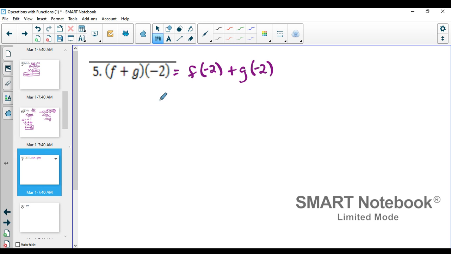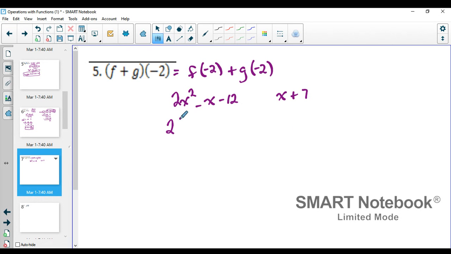So f of x is 2x squared minus x minus 12, and g of x is x plus 7. Okay, so now we're going to plug negative 2 in for x in both of these first.